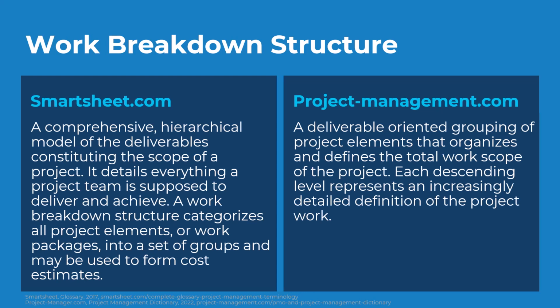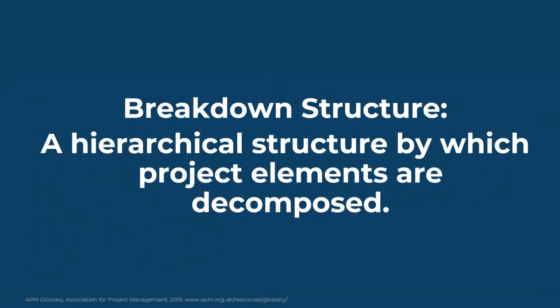I think you kind of get where this is going, right? But not quite sure. Let's get you to an example here. But to give you that example, I want to first go back to the APM's definition of what a breakdown structure is. Remember, it's a hierarchical structure by which project elements are decomposed.